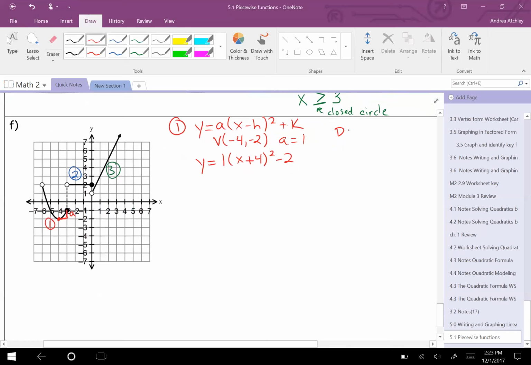And the domain. Everyone try to find the domain.